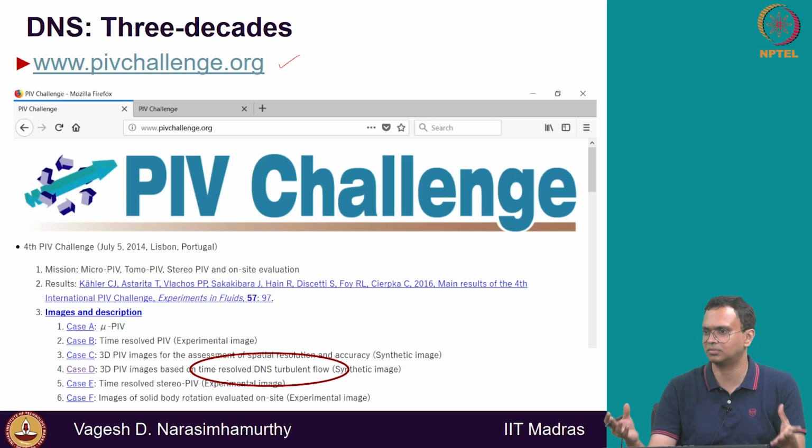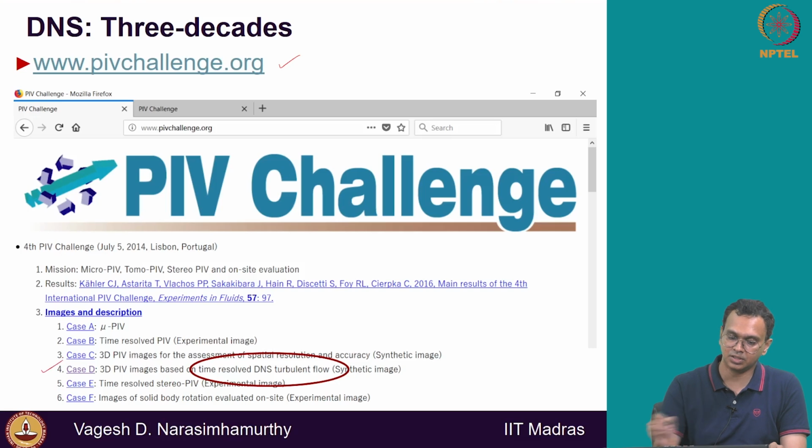That is their own validation system. So now the experiment is being validated. You can see one of the cases, case D, 3D PIV images based on time resolved DNS. So DNS data is used today to make sure the experimental technique is correct.